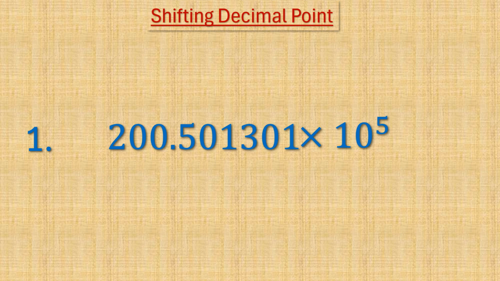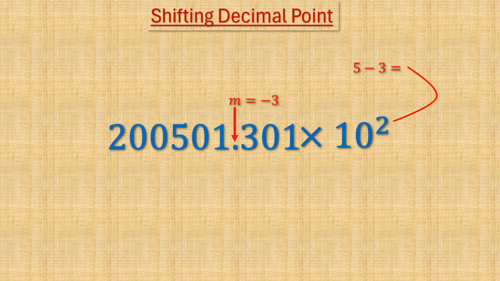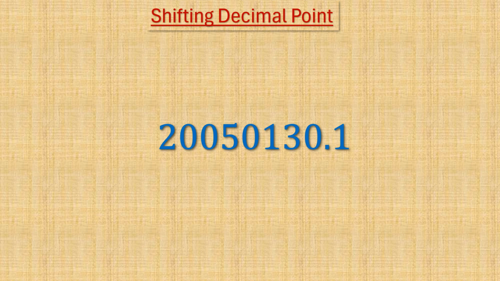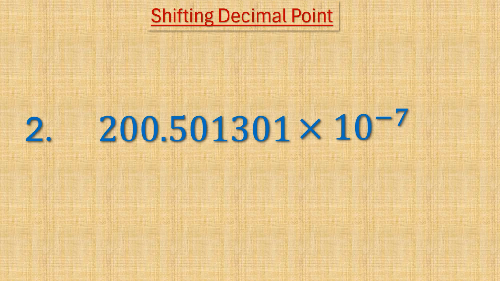Notice that p decreases by 1, as the decimal point shifts 5 places to the right. Thus, the value is 20,050,130.1.